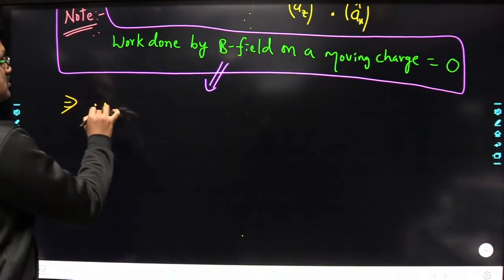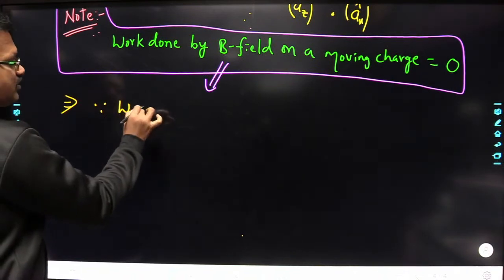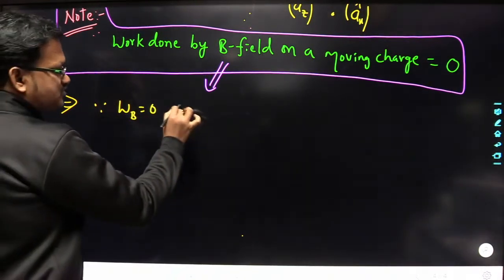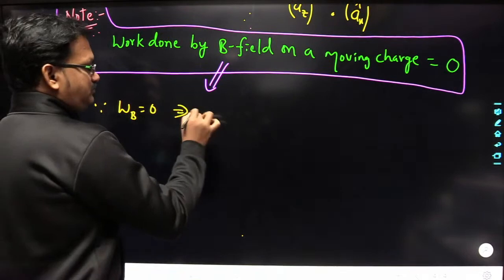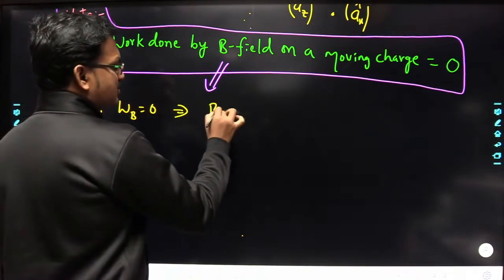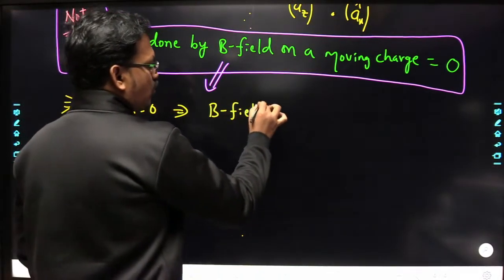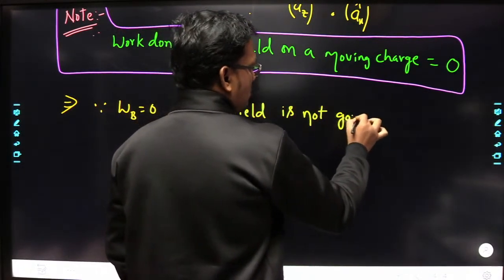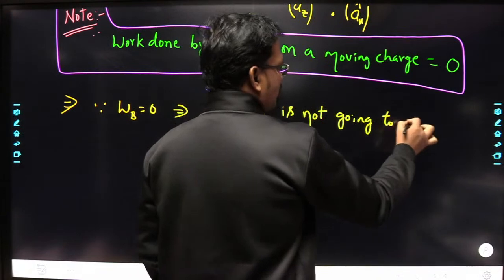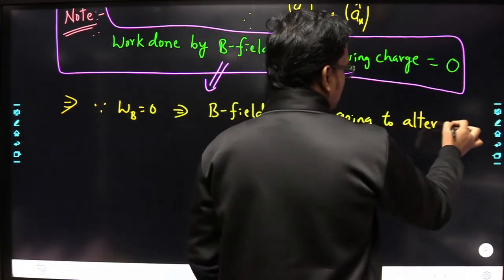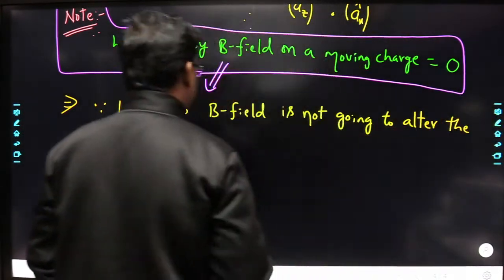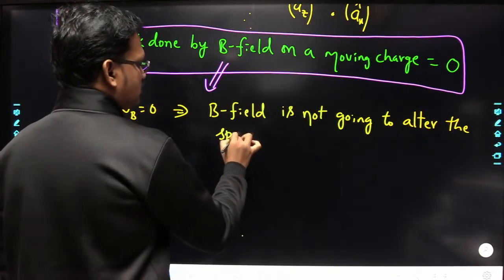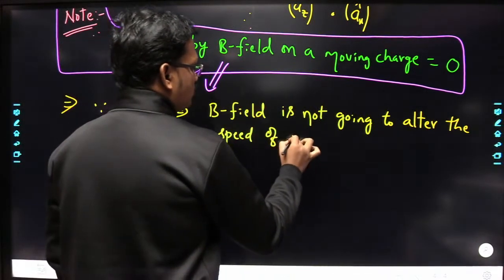Since work done by the B field is equal to 0, this implies that the B field is not going to alter the speed of the moving charge.